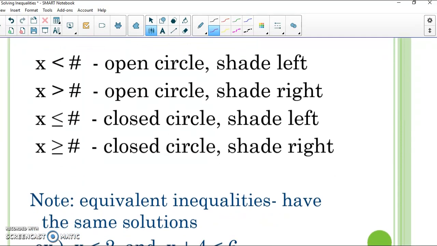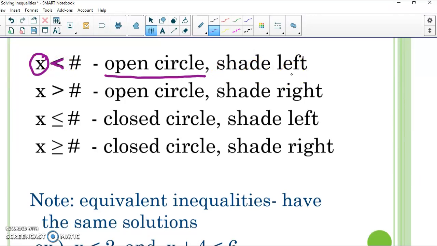So if we have a quantity such as x that we're saying is less than another number, to show that that quantity is less than, I'm going to use an open circle, and to show that it's less than the number, I'm going to shade to the left of that line.